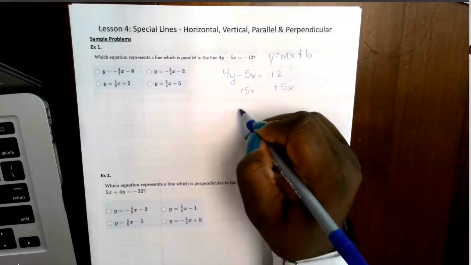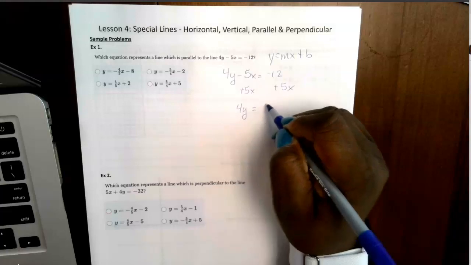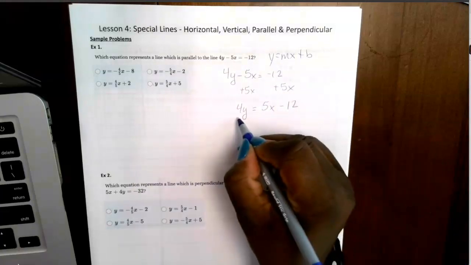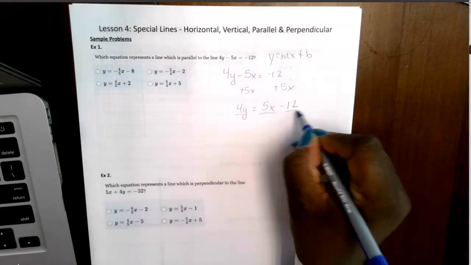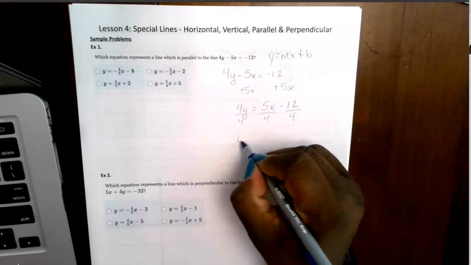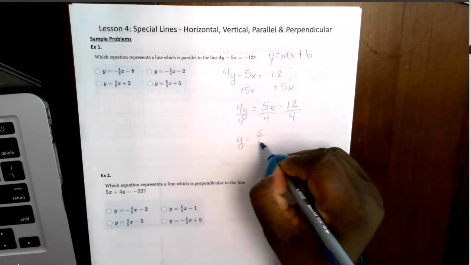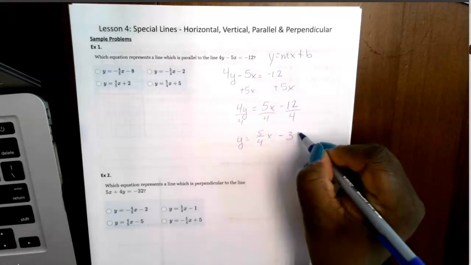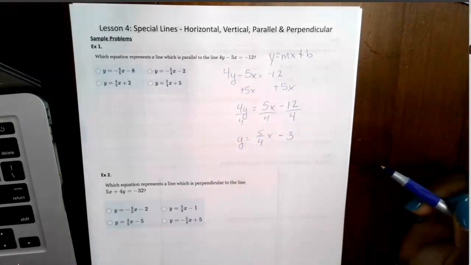Then you have 4y equals 5x minus 12. Then we're going to divide all pieces by 4. So therefore y equals 5/4 x minus 3, because 12 divided by 4 equals 3.